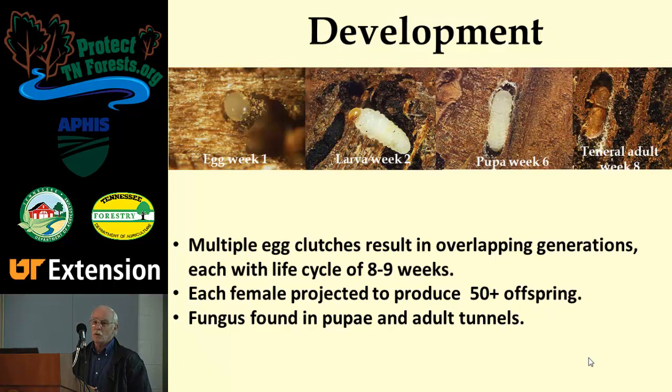We're thinking more like over 100 if she can continue to live after the 8-week period and produce additional eggs. Then she has a fantastically large fecundity capability. And the fungal pathogens have been found, to this point, only in the pupal and adult tunnels, as well as the tunnel that the female originally made.